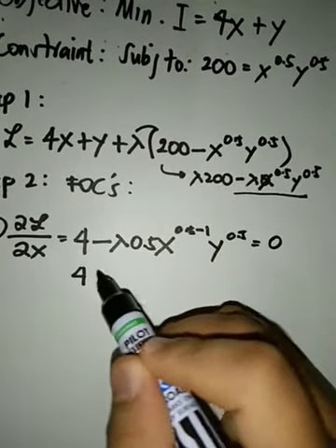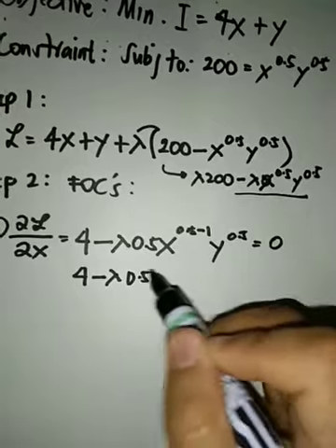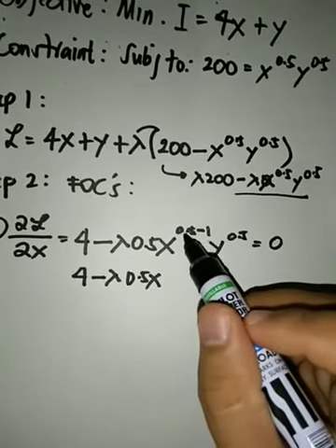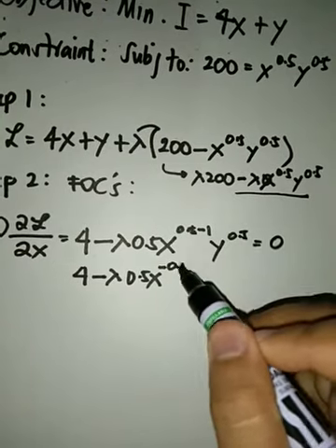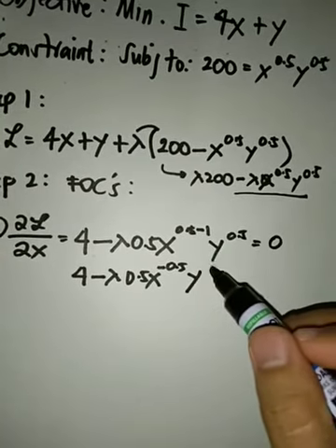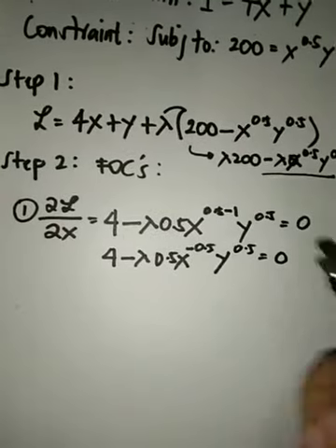And this will become 4 minus lambda 0.5x, then 0.5 minus 1 is negative 0.5, y raised to 0.5, equals 0.